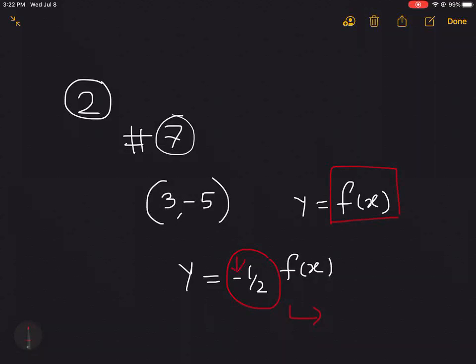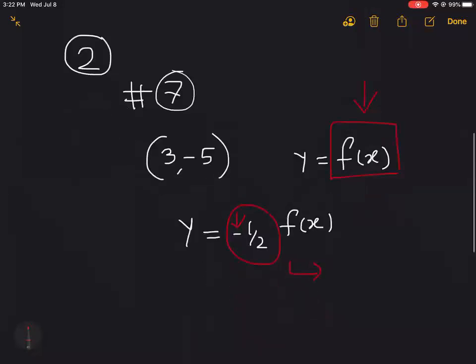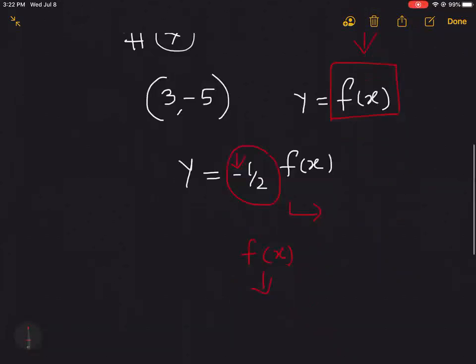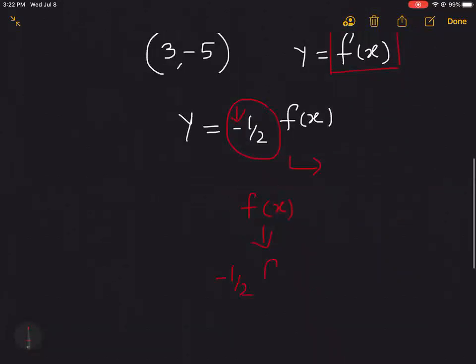Can you see that? And of course, it depends on the functional value, right? So that means if we had f of x, from this we are going to negative half f of x. We'll get half of that, and obviously we'll have something negative.